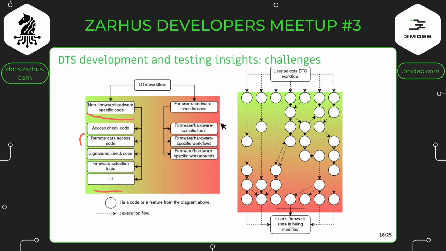Currently, because of the DTS architecture, which is a monolith architecture, we have all this logic and tools in one place without strict rules.